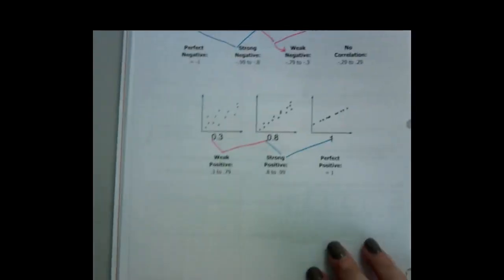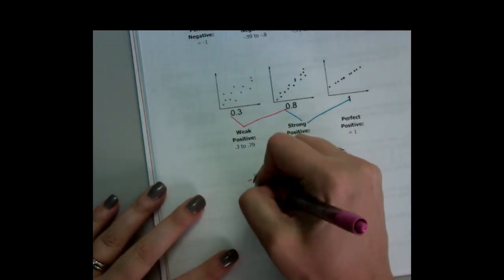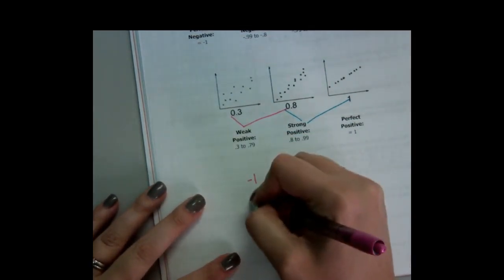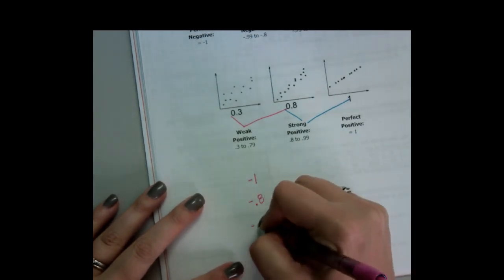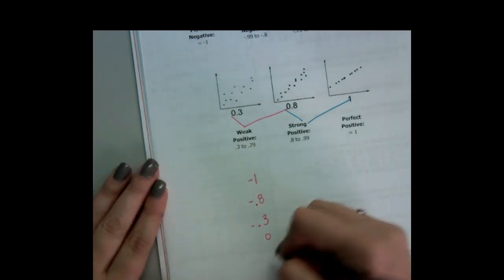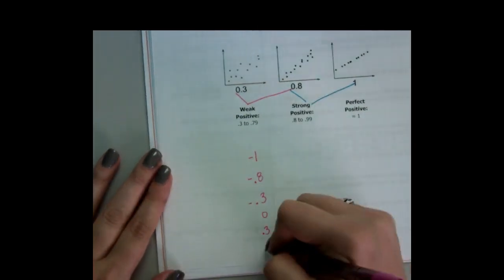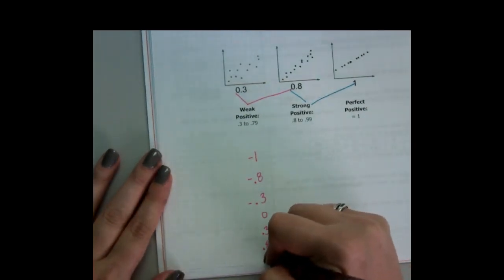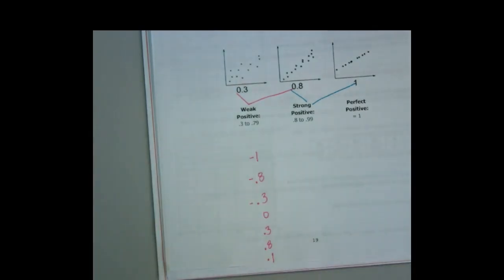So I'm going to write that a different way down here at the bottom. Okay? So we had -1, -0.8, -0.3, 0, +0.3, +0.8, +1.